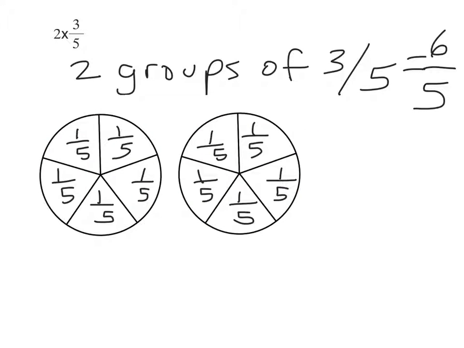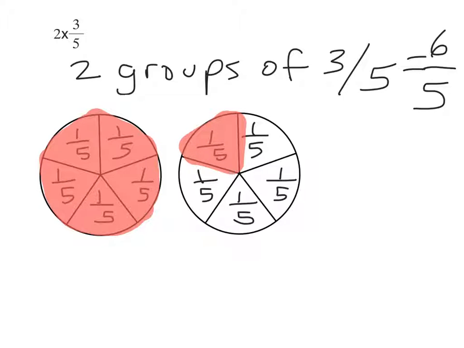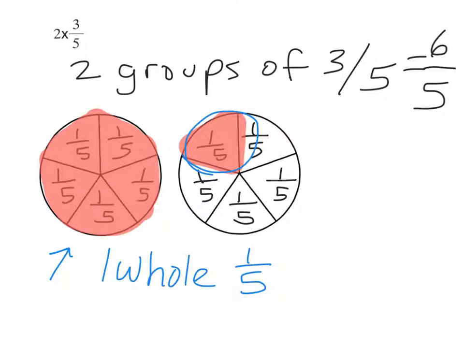Let's find out. So we have 1/5, 2/5, 3/5, 4/5, 5/5, 6/5. So let's see what we have here. This entire circle is completely shaded, so that would be 1 whole plus that 1/5 there.